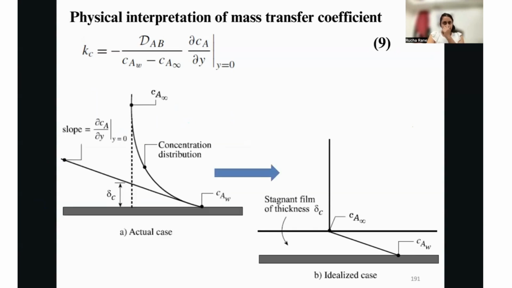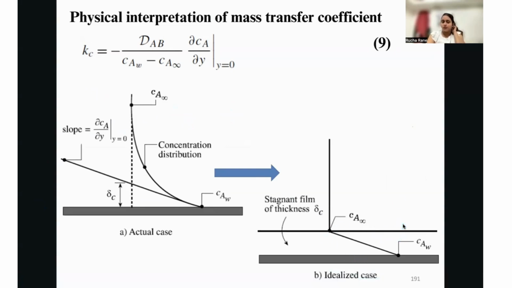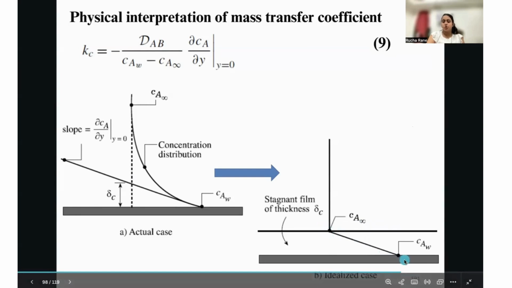I will explain it using this diagram. This is the idealized case. This is the graph of a concentration profile which can be made by assuming that film theory is applicable here. So at the bulk, the concentration is C_A infinity, and at the wall, it is C_AW. So the slope of this line will be dC_A by dy, correct?